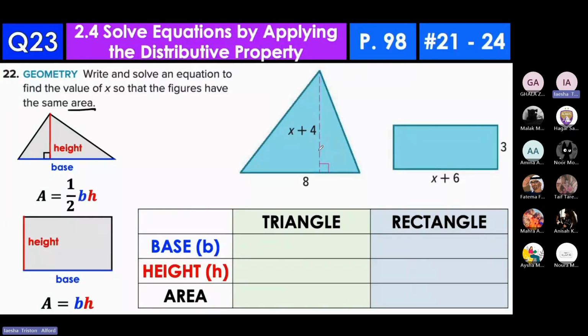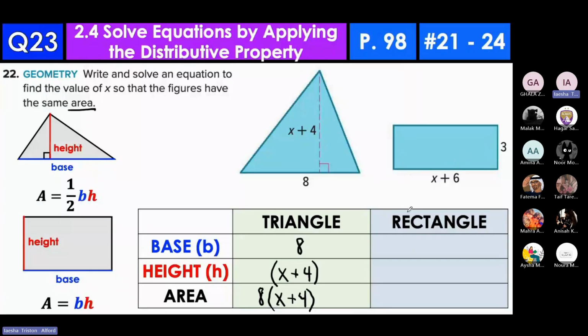So for the triangle, what is the base? Positive 8. What is your height? X plus 4. Keep the parentheses. Area is base times height. So 8 times x plus 4.